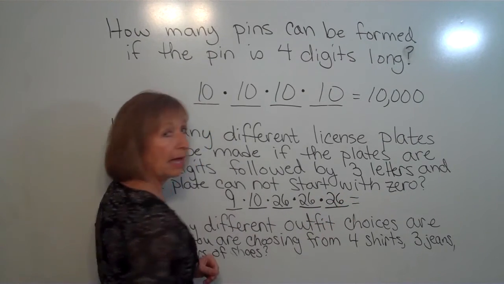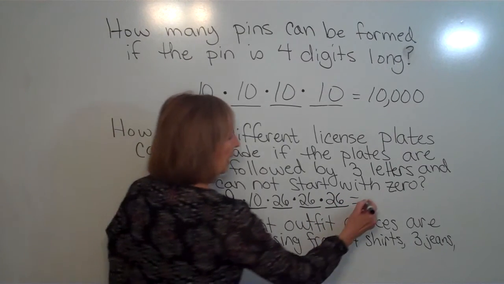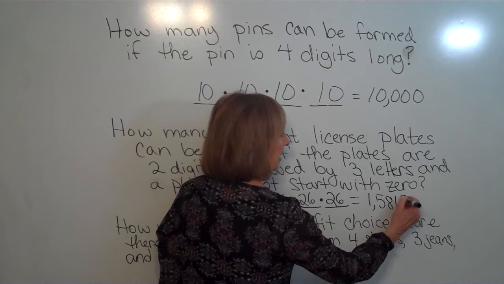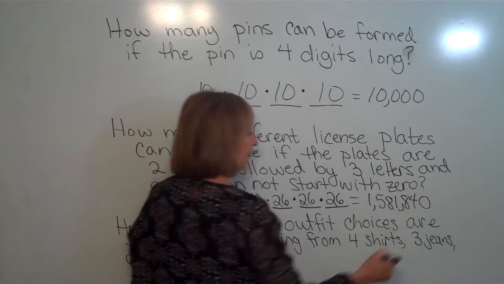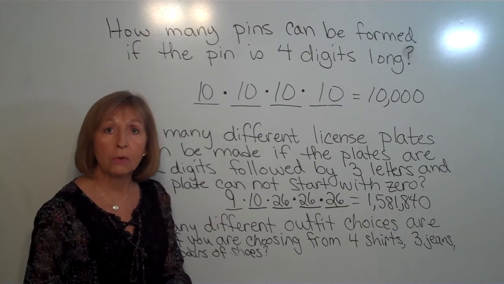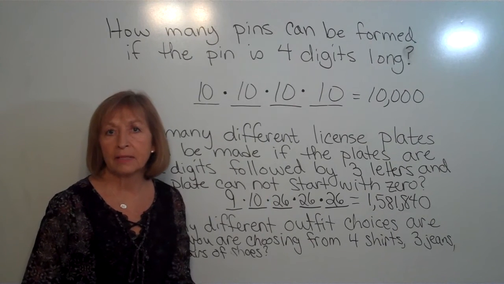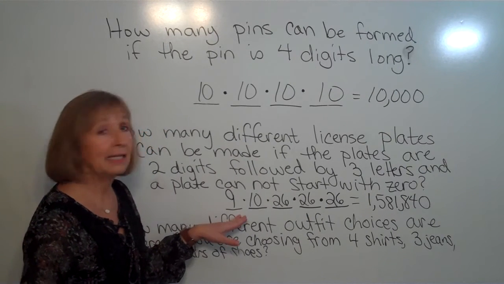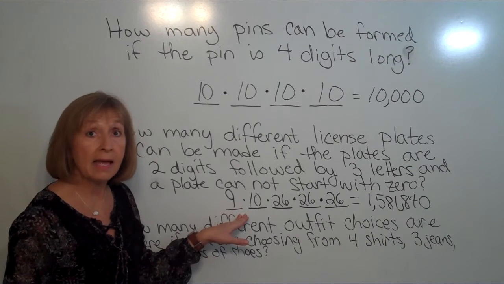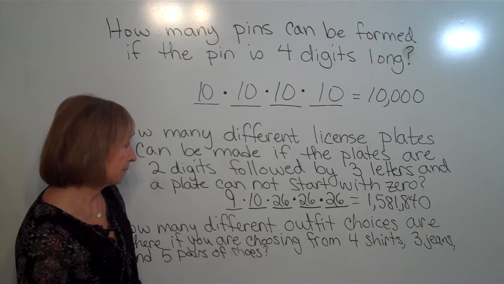And when you multiply all those together, you get 1,581,840. So this is why we can have just those slots for the license plates, and we still have plenty of number, letter sequences like this to assign for the automobiles.